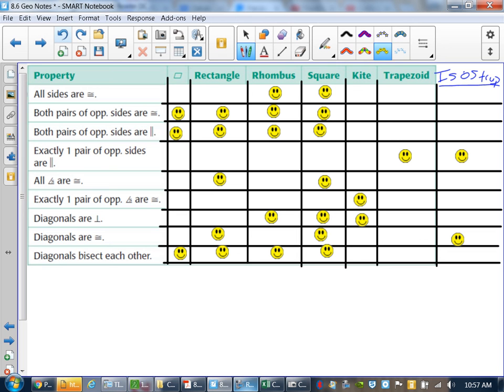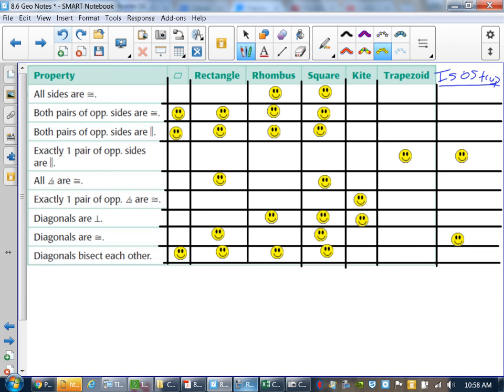What I mean by that is, I want you to go through the chart that's coming towards you, and write out what makes a parallelogram specifically a parallelogram, what makes a square specifically a square, and so on and so on.